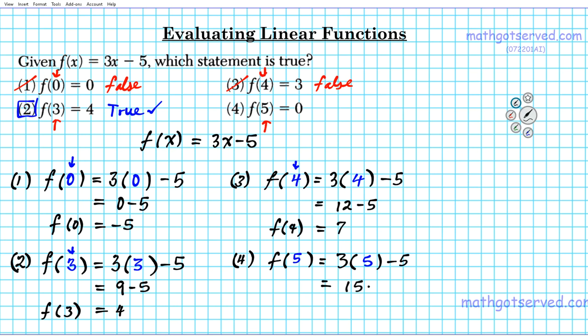You multiply first before you subtract. 15 minus 5 is 10. So our work shows f of 5 is 10. And here f of 5 is 0. That's false.